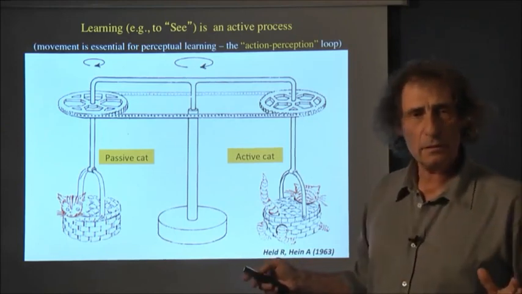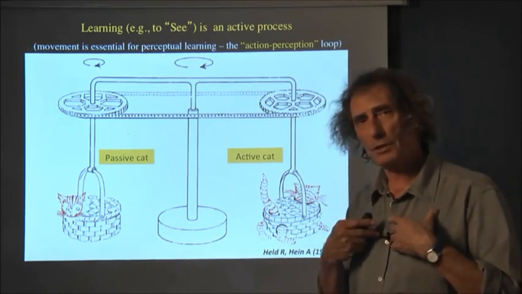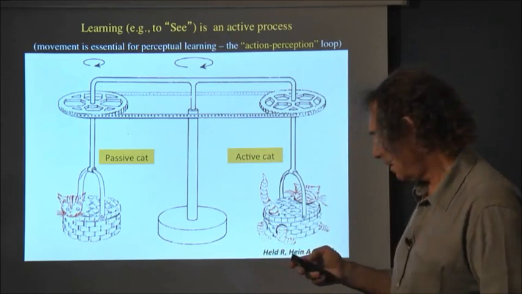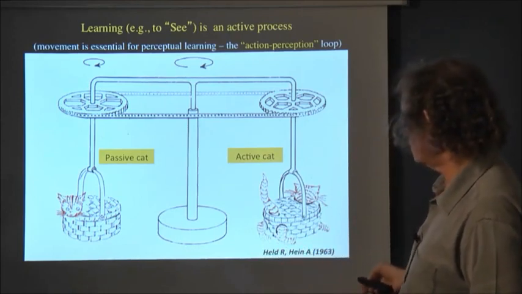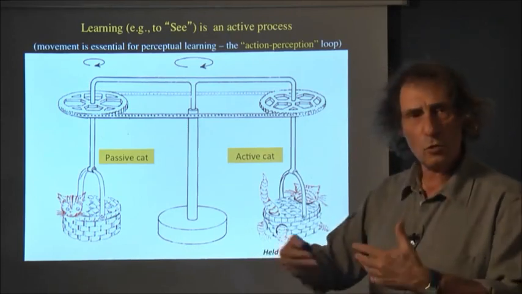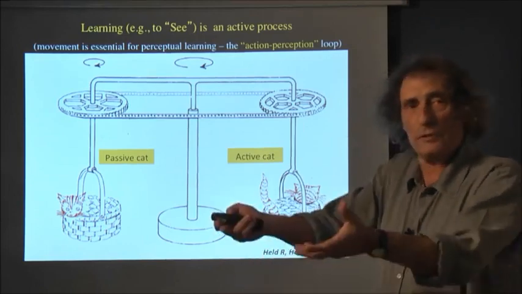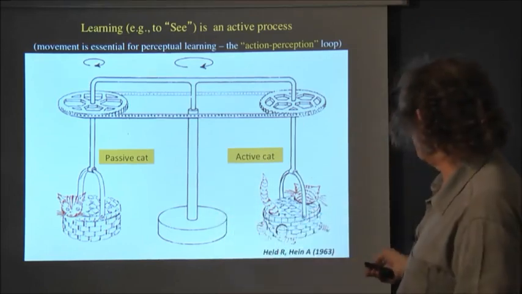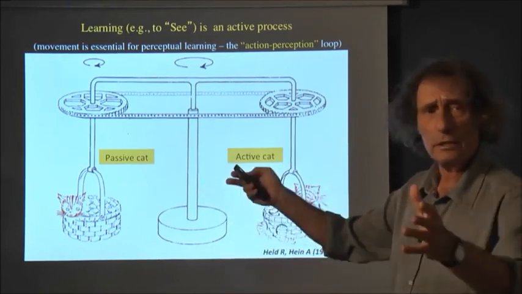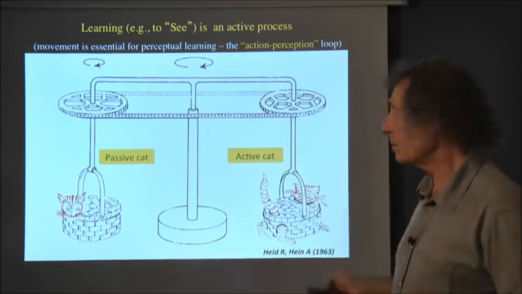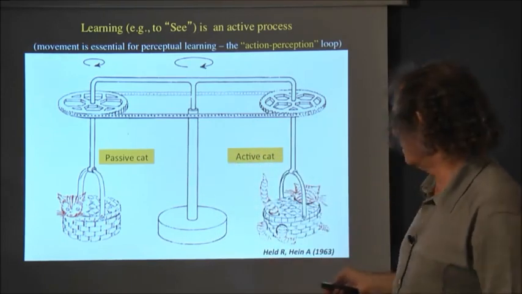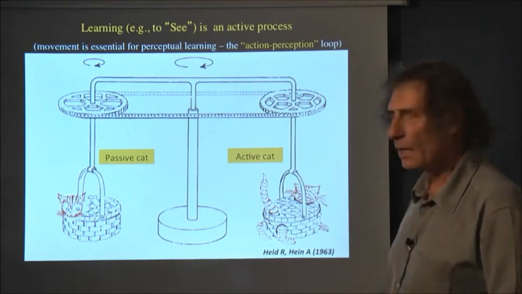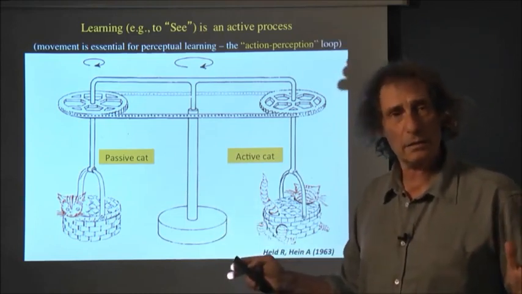The amazing thing, I was very amazed by the outcome of this simple result. The amazing thing is that when you take them, after 2 or 3 weeks, out of these baskets, and enable them just to walk freely in a regular room, this cat behaves like a completely blind cat.